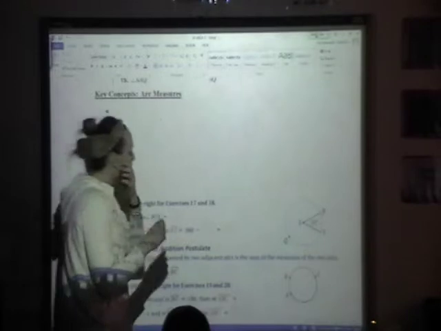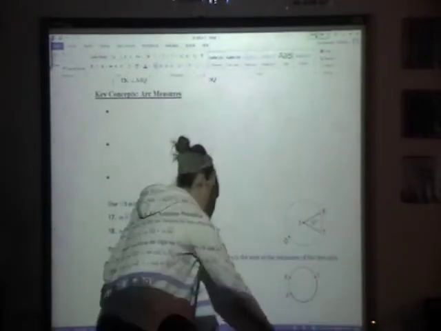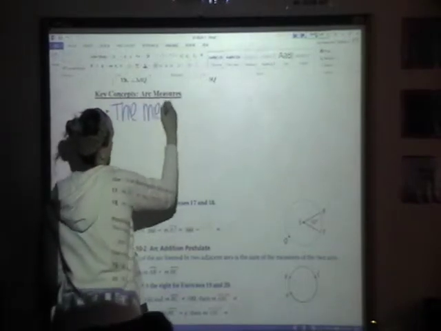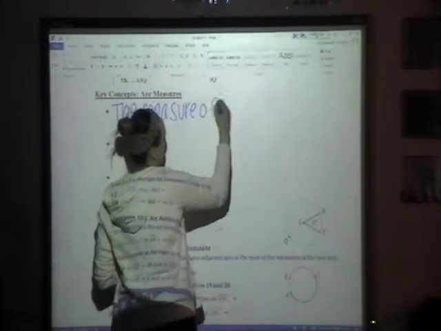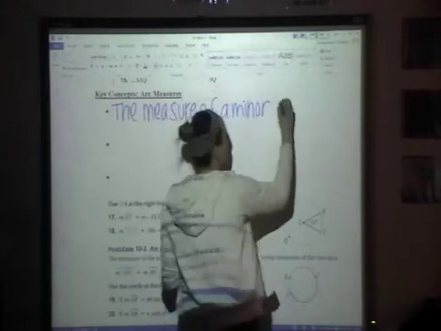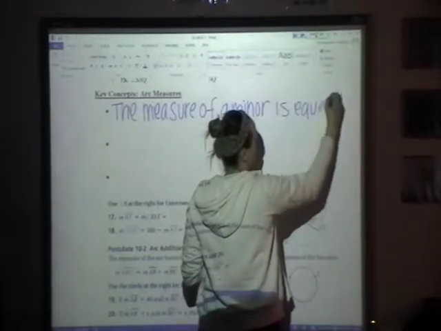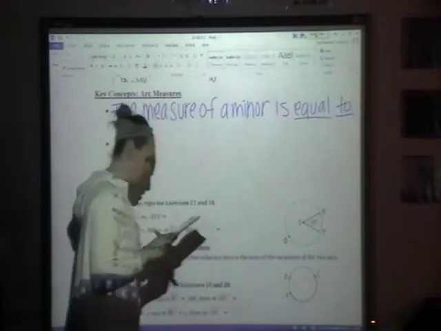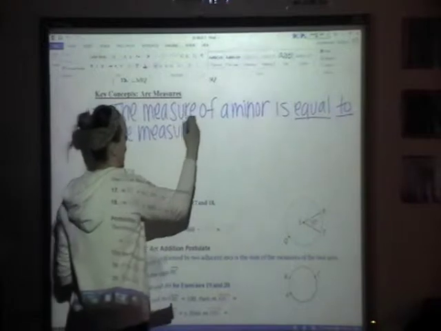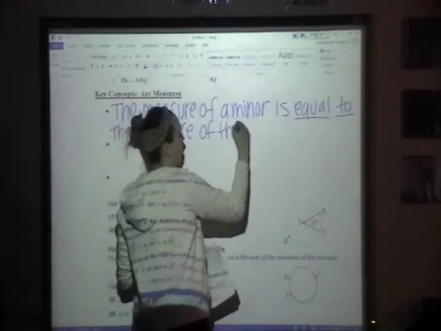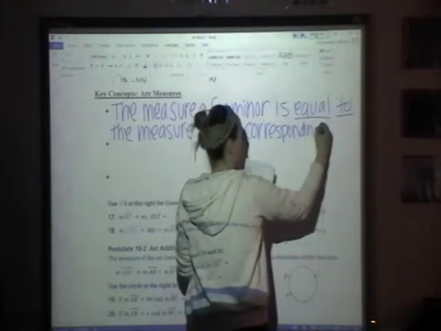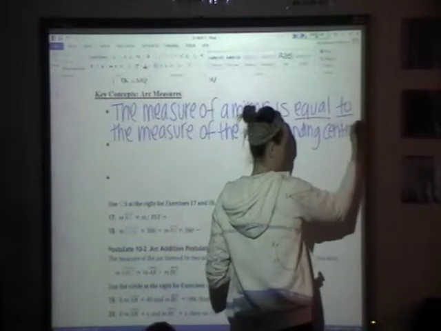So, key concepts, arc measures. The measure of a minor arc is equal to the measure of the corresponding central angle.